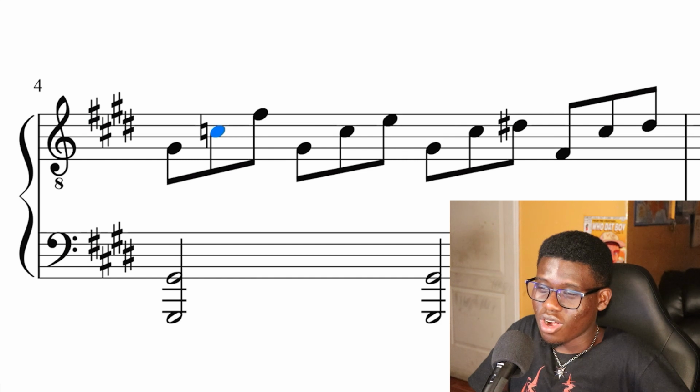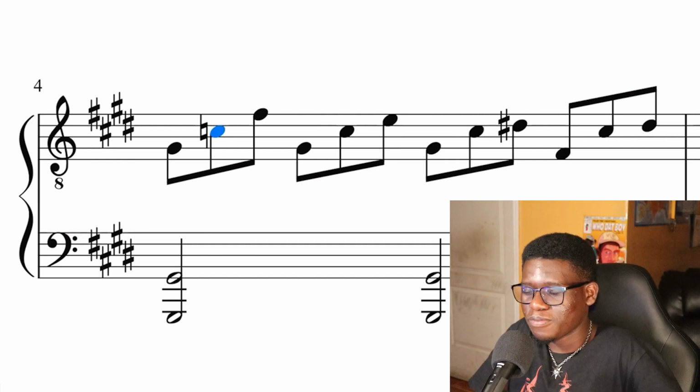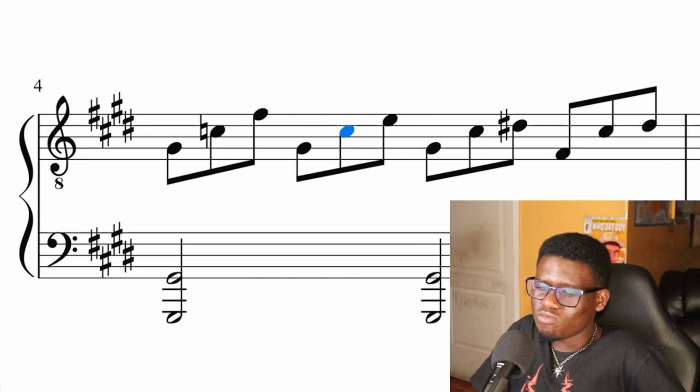What's wrong with that? Well, the problem is an accidental like a natural mark is in effect for the entire bar. It doesn't just affect this note, it affects every note on that line or space until we reach the bar line. So by putting this natural mark here, we've now inadvertently made this C here a natural, even though it was actually meant to be a C sharp.